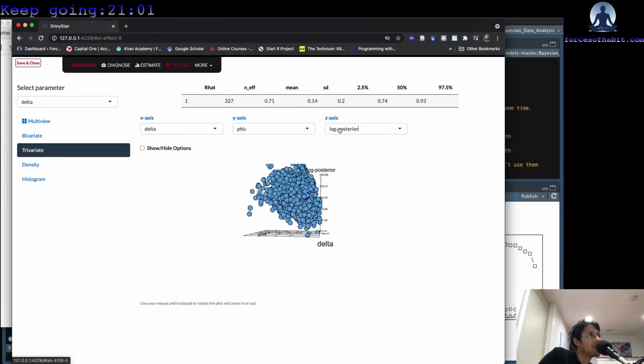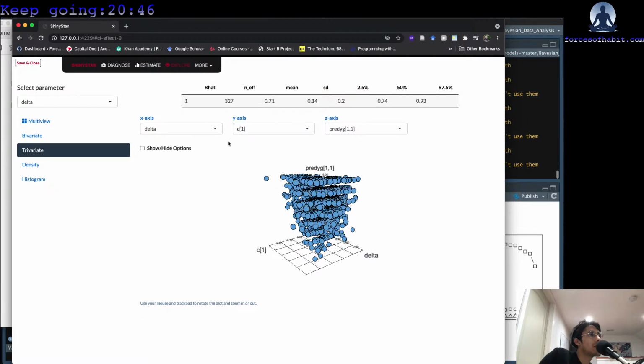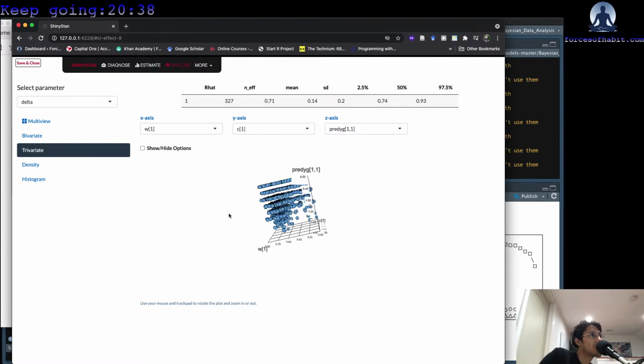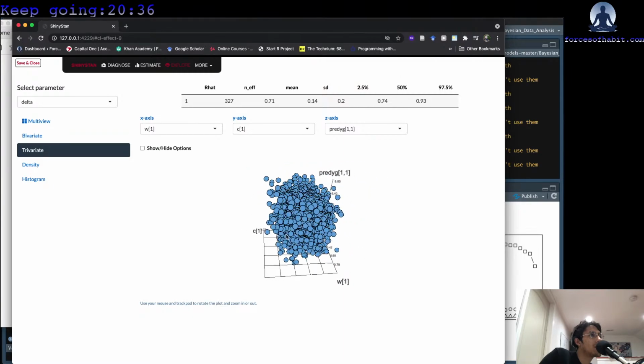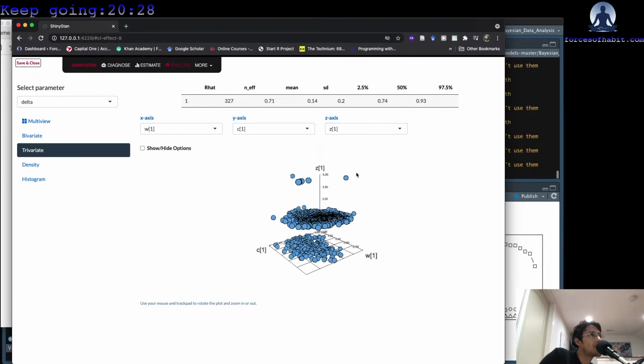We can go delta, phi. For example, I could look at the probability of being part of a grouping and some of the weighting, or someone's prediction, generalization, and their weight. This is for one subject, right? Sorry, pretty weight doesn't have to do with the subject. Let's use Z. That's cool.